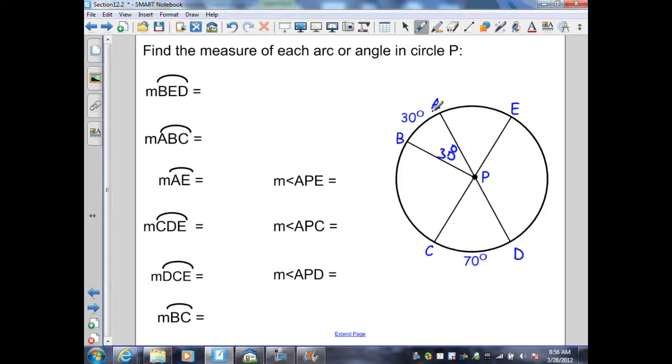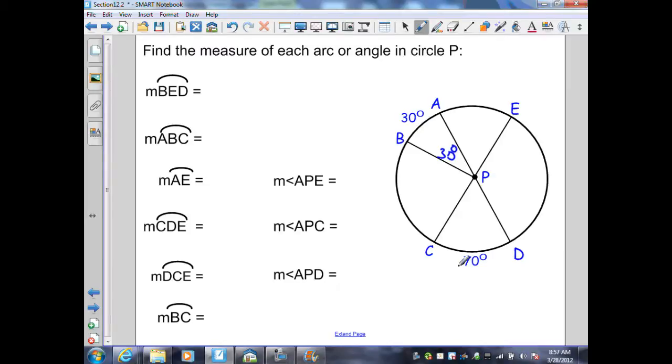In the diagram, I know AD is a diameter. Therefore, that forms a semicircle, ABD, or ACD. I know the measure of a semicircle is 180 degrees. Arc ABD is formed by 3 angles, and I know 2 of those measures, 30 and 70.